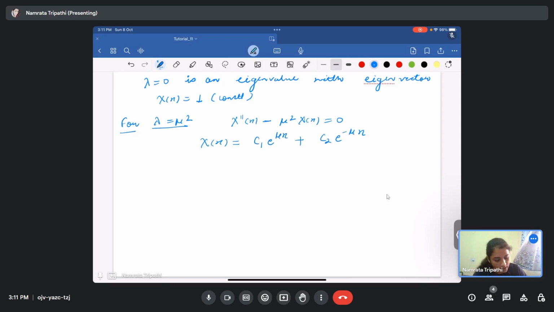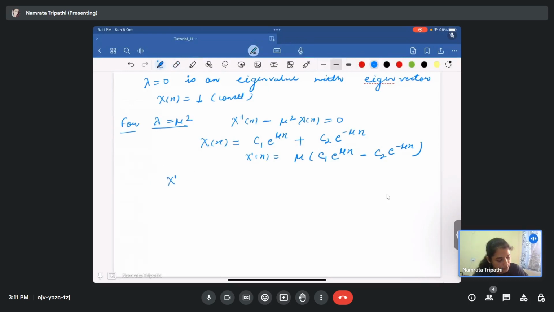Fine. Now we have to apply the boundary condition. First one is X dash 0 is equal to 0. Let's firstly calculate X dash. What will be X dash? mu c1 e to the power mu x minus mu c2 e to the power minus mu x. Fine.